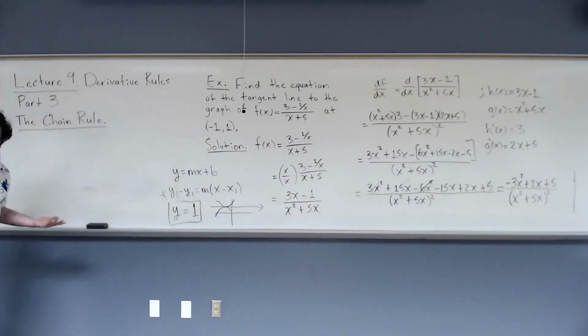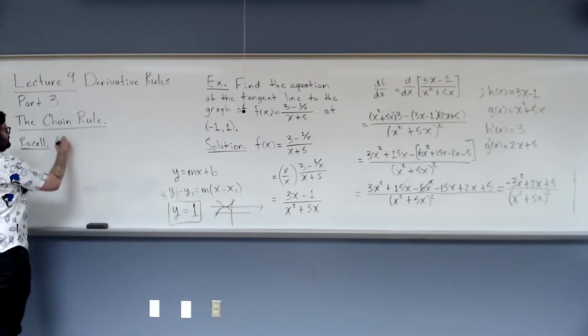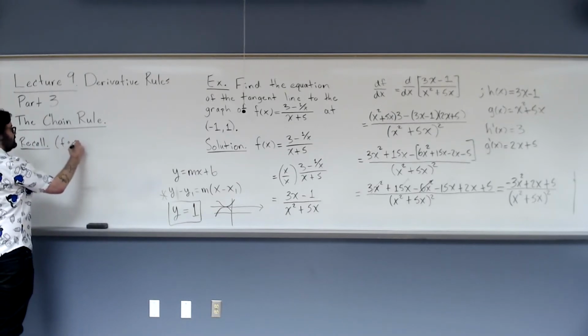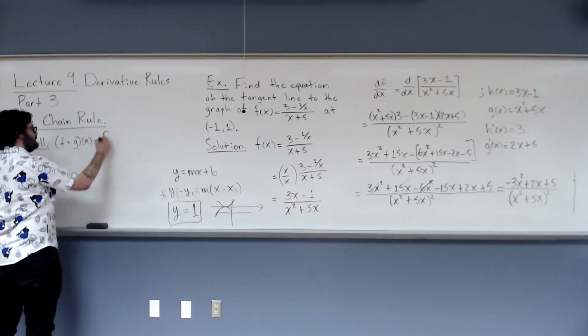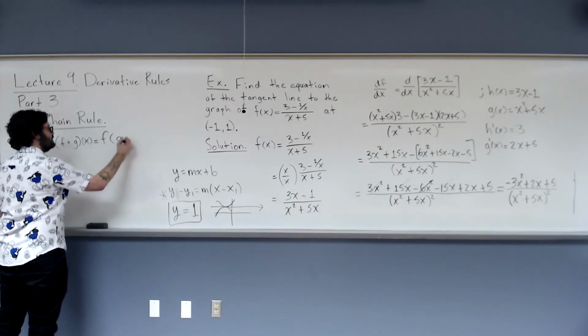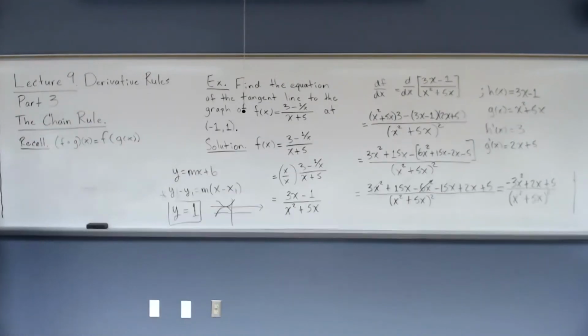So what are composite functions? Recall the notation. We have f of g of x. This is f evaluated at g of x. All right, so this is a composite function.